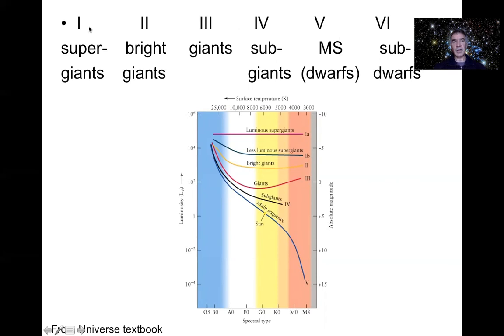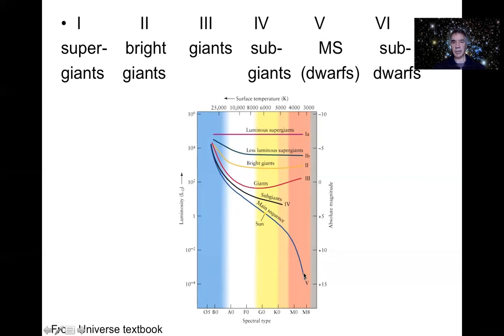That Roman numeral could be anything from 1, 2, 3, 4, 5, or even 6. This is pretty rare. But for this module, the common ones that we will see are the Roman numeral class 5. Basically, that corresponds to the main sequence.